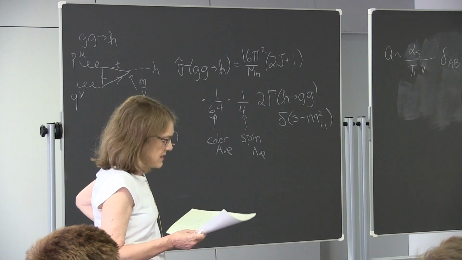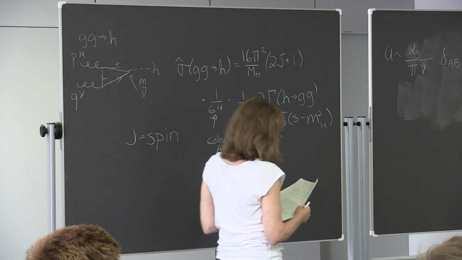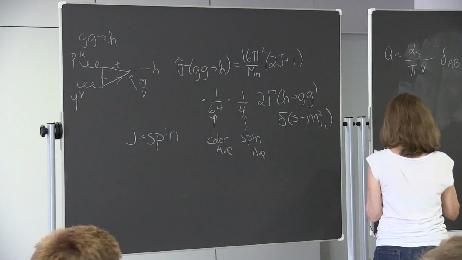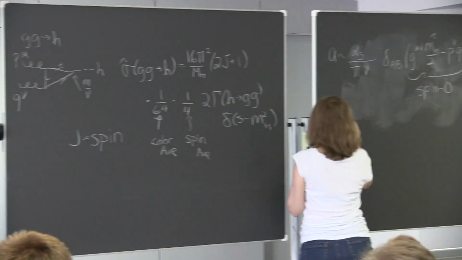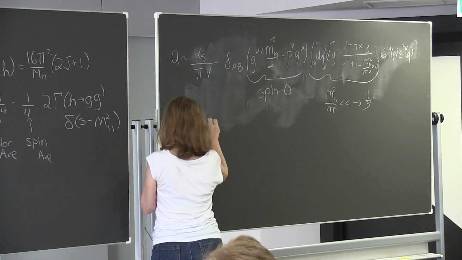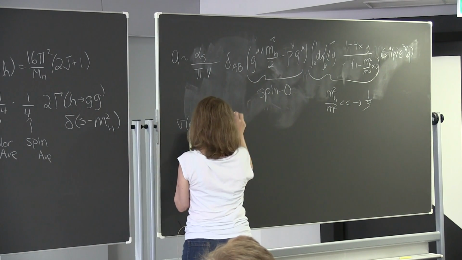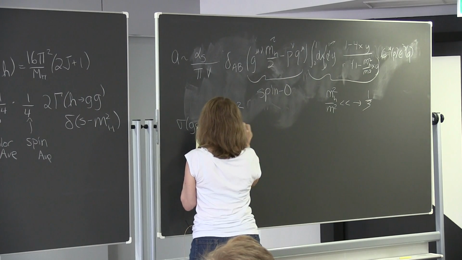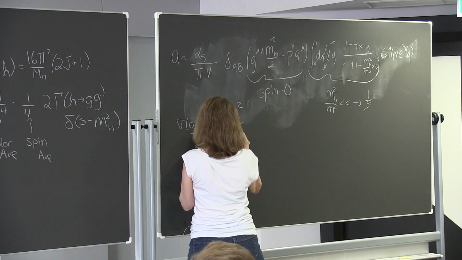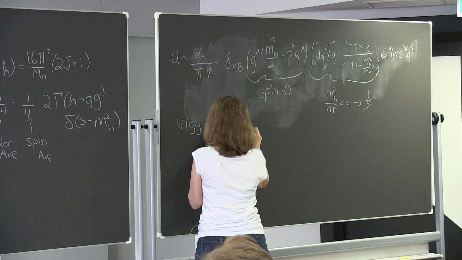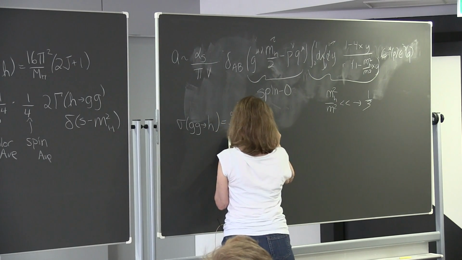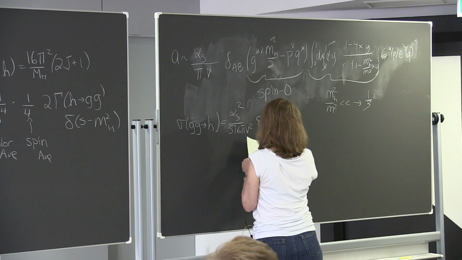So cool. So what does that mean? Well, let me just square this thing. Sigma of GG goes to H is alpha_s squared over 576 pi v squared times delta of 1 minus s over m_h squared.